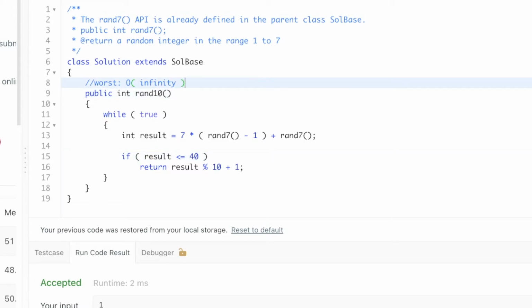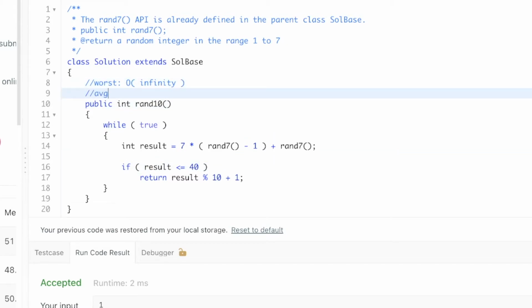Okay, but now the average case. Let's talk about how many calls we're going to have to make to Rand7. Let's go through some intuition here.